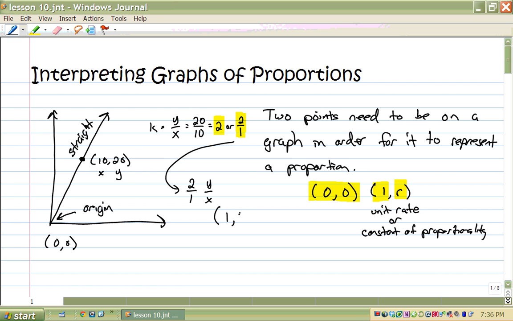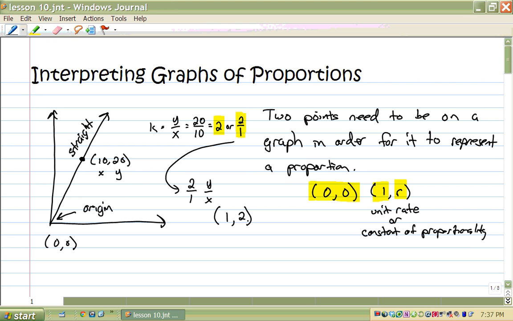And so there's 2. So in other words, on this graph, I have 0, 0, the origin, but then I also have 1, comma r, or in other words, the constant of proportionality. The unit rate is also on there. And if you think about it, the constant of proportionality, or the unit rate, or you can even call it slope, it talks about how steep the line is. So it would have to be on there.